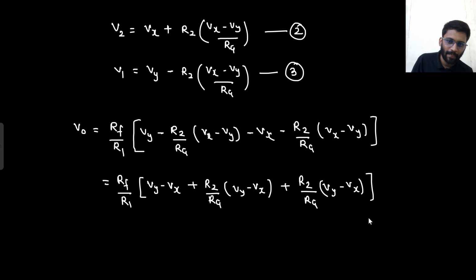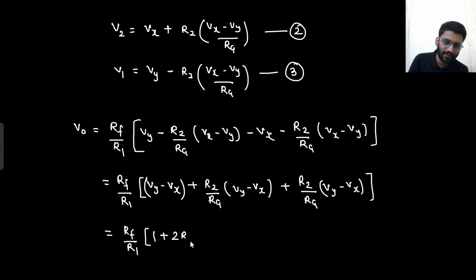Right? So from the complete expression I can take Vy minus Vx common. So Rf by R1, and taking Vy minus Vx common, what it will be? 1 plus 2R2 by Rg, and Vy minus Vx. That's it. This is your final Vo.